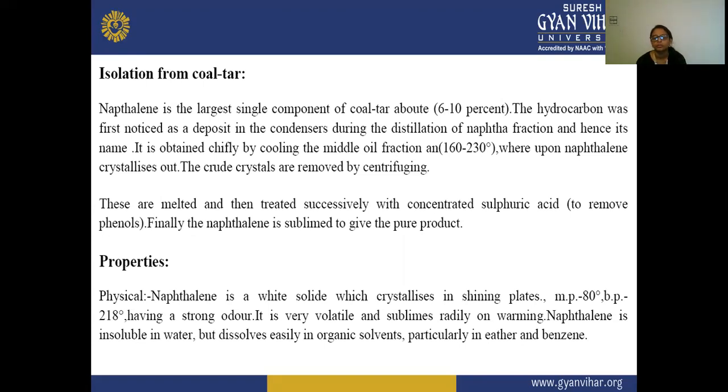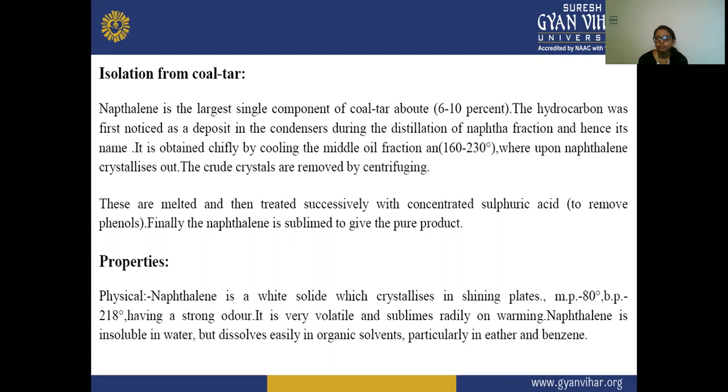So about 6 to 10% of coal tar is this naphthalene, and this naphthalene was first noticed when there was a deposit of it in the condenser while the distillation of the naphtha fraction was occurring, and there is a deposition of this hydrocarbon in the condenser.